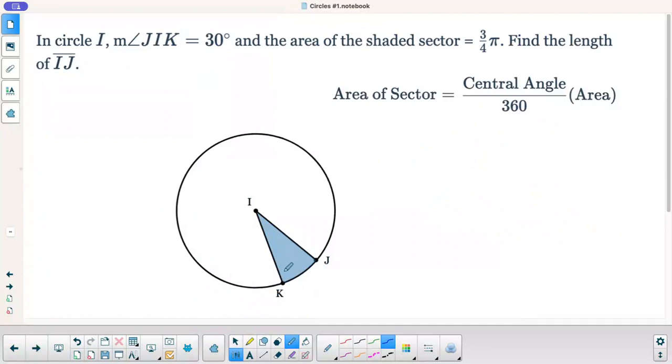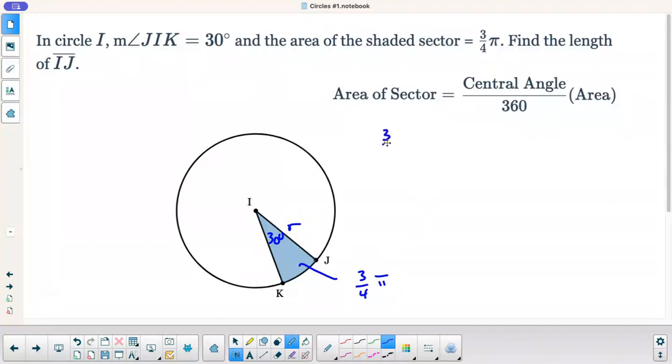This time they give you the area of the sector. The area is 3 over 4 pi. That's the area. They give us the central angle. We are looking for IJ, which is the radius. I'm going to use R as my variable.